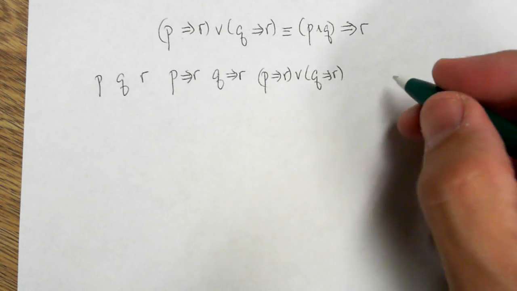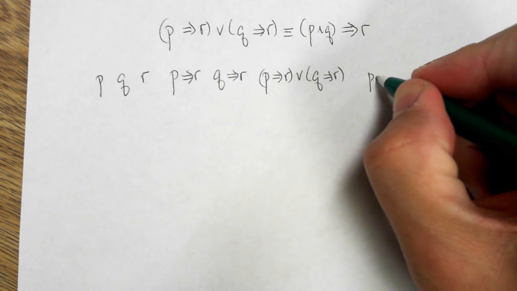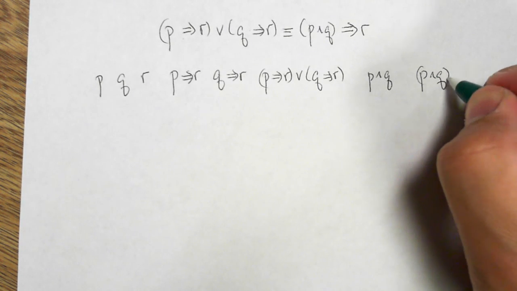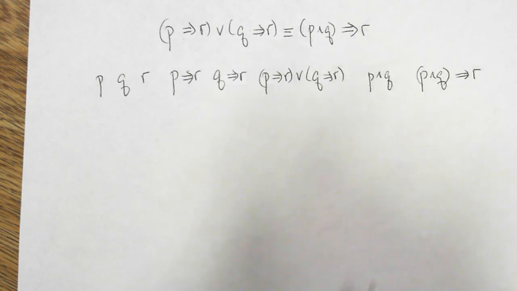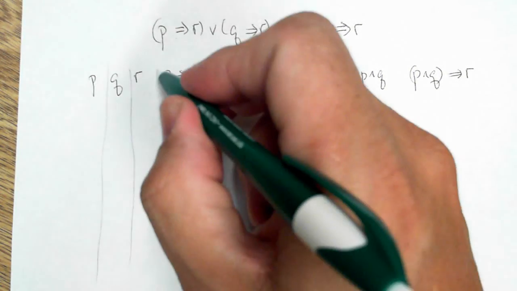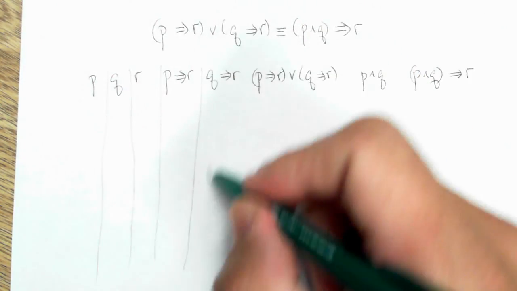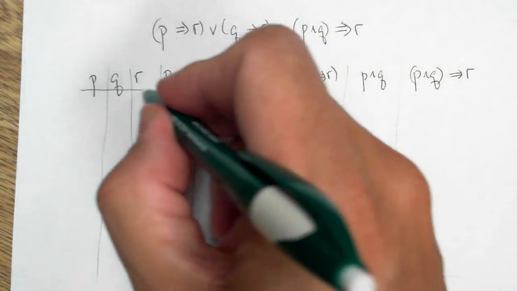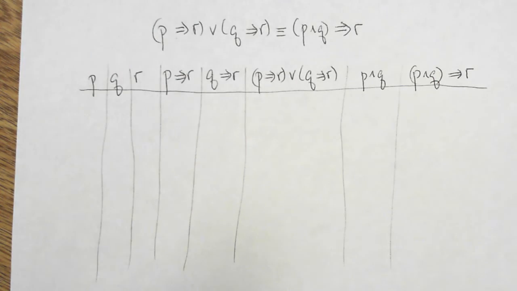On the right-hand side, I'll first figure out what P and Q is, and then once I have that, I'll figure out P and Q implies R. So that'll be the truth table that I have for this problem. And this will be a fairly long truth table because I have three propositions, which means that I'll have 2 to the third, 8 rows.